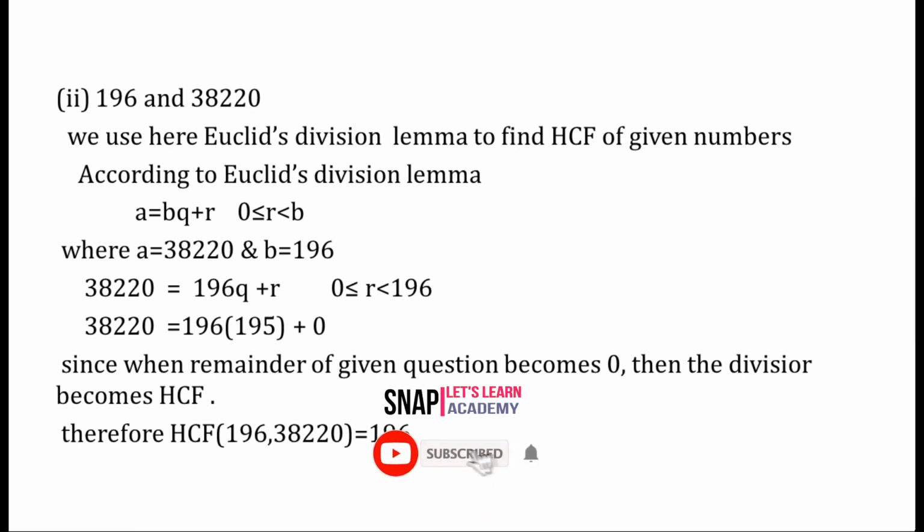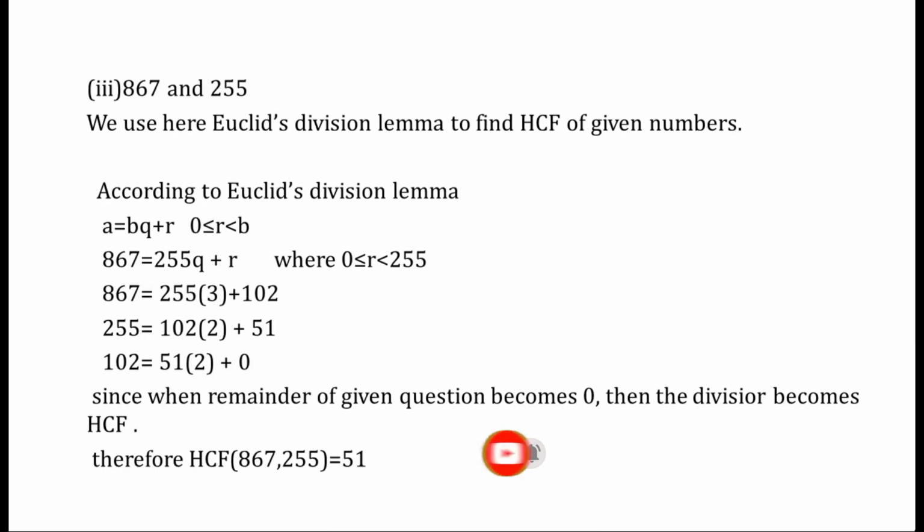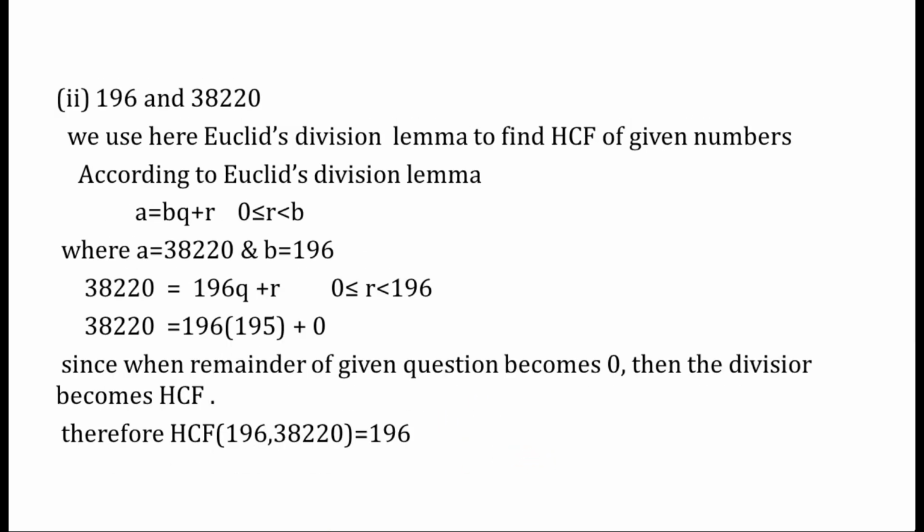Here, the greater number is 38,220 and the smaller number is 196. Using Euclid's division lemma, a equals bq plus r, where r lies between 0 and b. Here a is 38,220, b is 196, where r lies between 0 and 196.